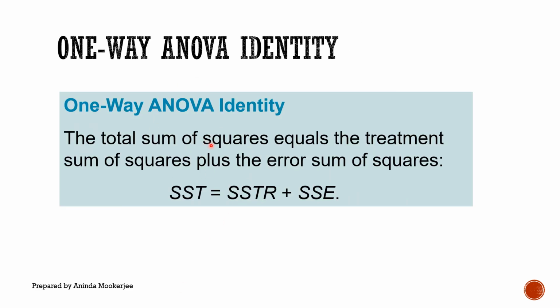We'll now discuss a very important identity which is used to speed up the calculation of the F value in a one-way ANOVA test.